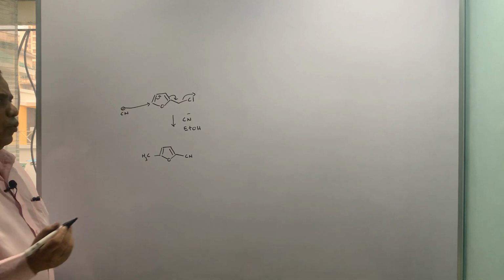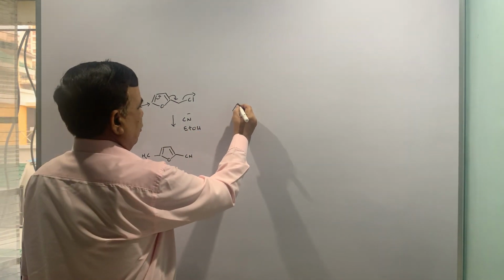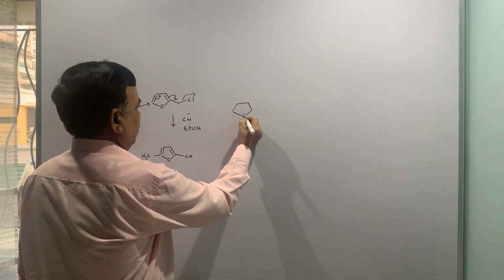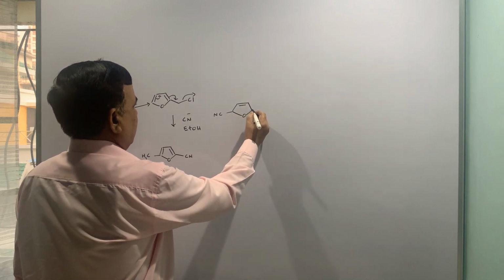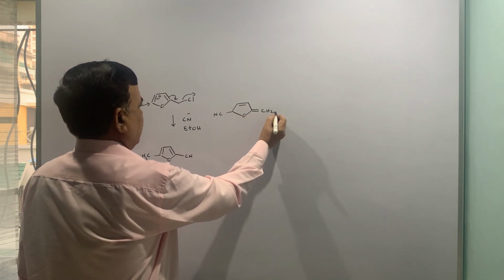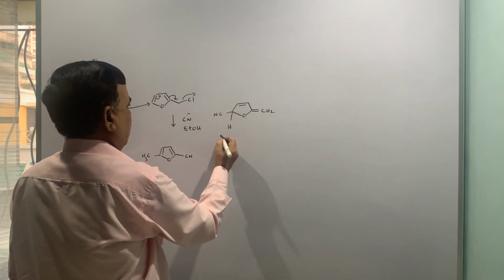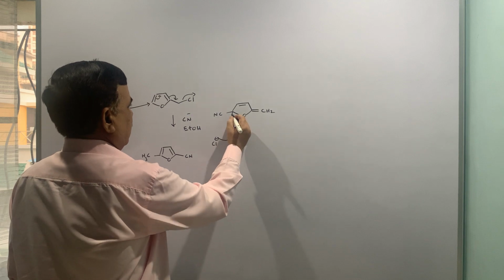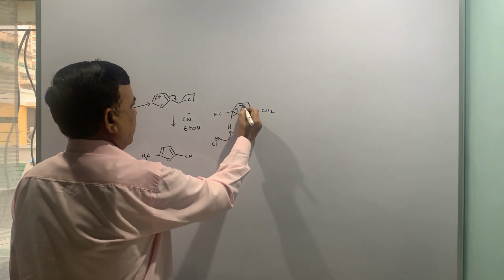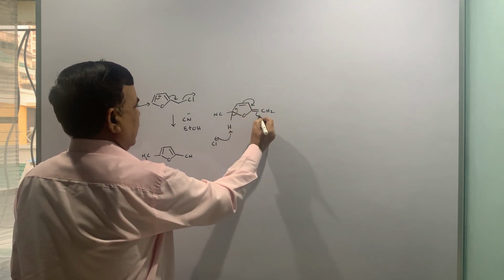Cl being the leaving group, it departs, and now the intermediate I am going to put, this is there, this becomes CN, this becomes exocyclic CH2, and now whatever Cl minus is there, that will help in the aromatization of this ring.